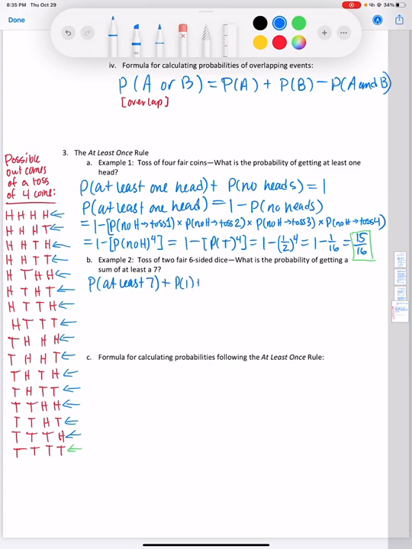The probability of getting 1, plus the probability of getting 2, plus 3, plus 4, plus 5, plus 6, is equal to 1. We know that there are 12 of these things, you can get 12. So the probability of getting at least 7 means 7, 8, 9, 10, 11, or 12.